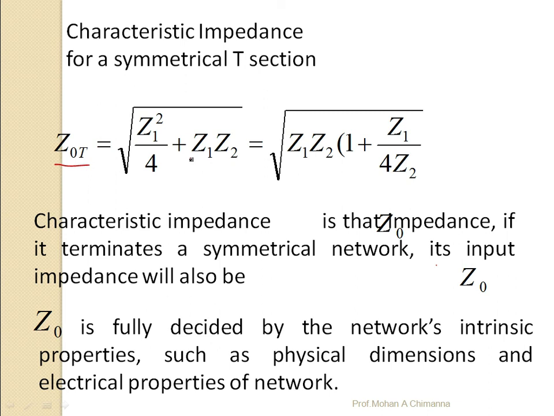Once we take this parameter as common, the equation is modified to the square root of Z1 Z2 into, inside the bracket, 1 plus Z1 upon 4 Z2, so the characteristic impedance is the Z0 impedance. If terminated as a symmetrical network, its input impedance will be Z0. So that Z0 is fully decided by the network's intrinsic properties such as the physical dimension and the electrical properties of the network. Up to here we have seen how to find the characteristic impedance of the T section network.